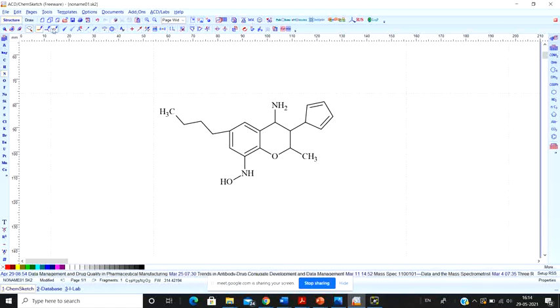So how to increase the length? I will simply add another group like this, and on that I will add an oxygen group here, and I know that I have now minimized the distance. So this is also one kind of lead optimization.